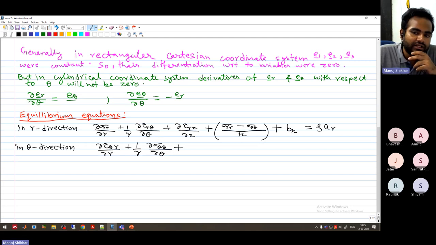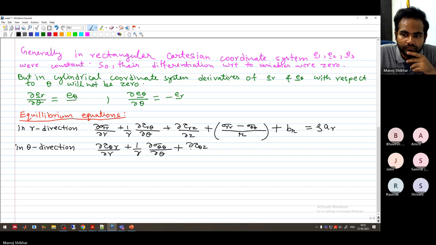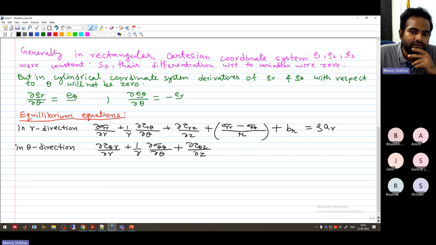So if sometimes I write sigma r theta, it is nothing but tau r theta only. We are writing in the theta direction, that's why the first index is theta, theta, theta. Earlier we were writing in r direction, so the first index was r, r, r. Though later on we will see that these components are symmetric anyway, so it won't matter much. But just remember that the direction in which we are writing, that index will come first.